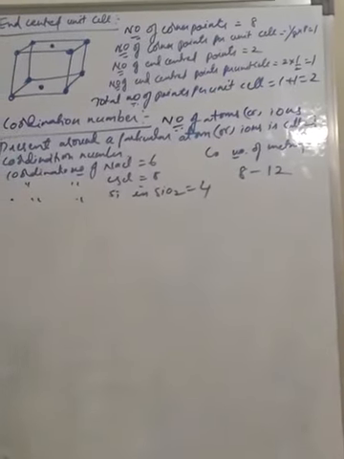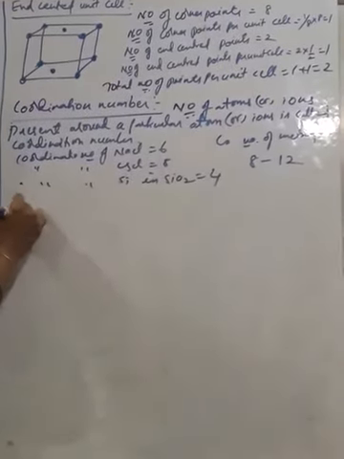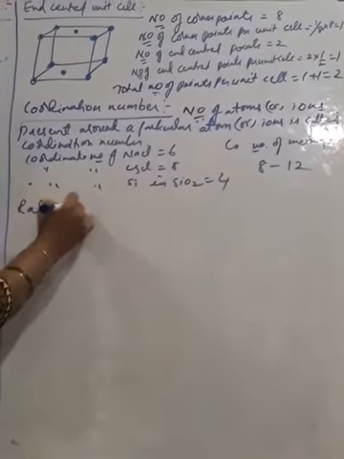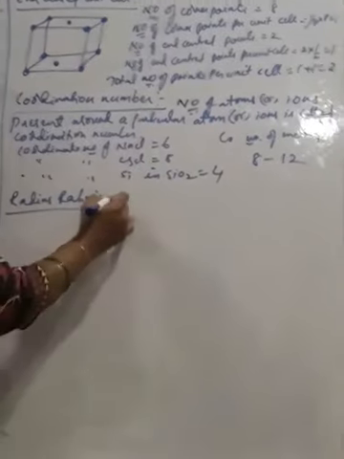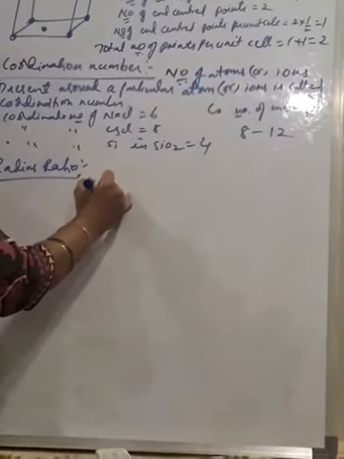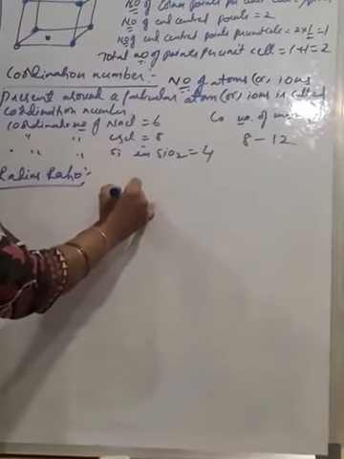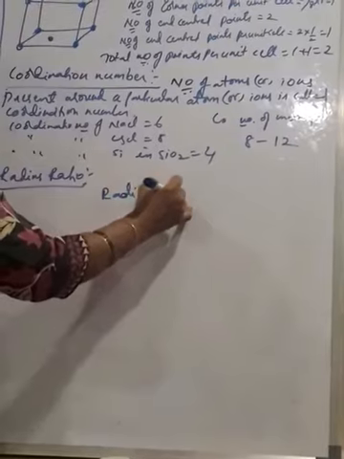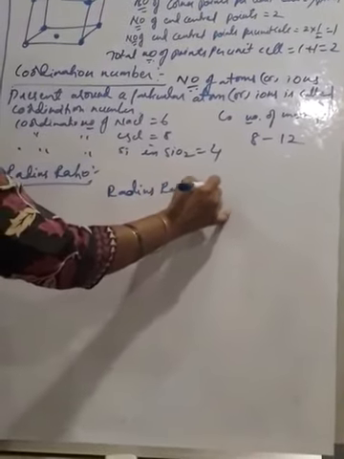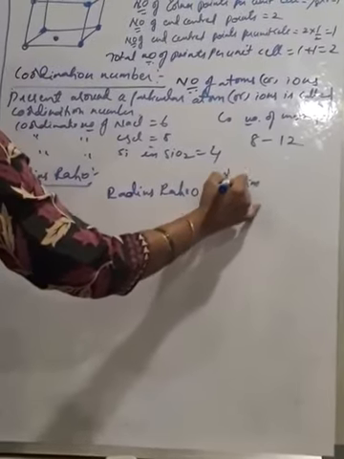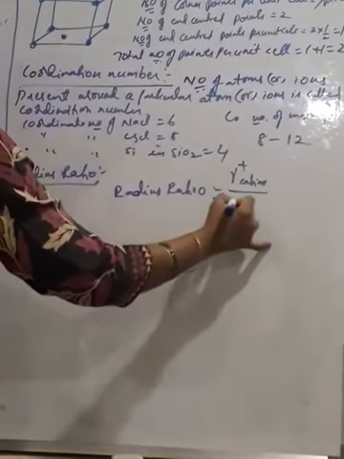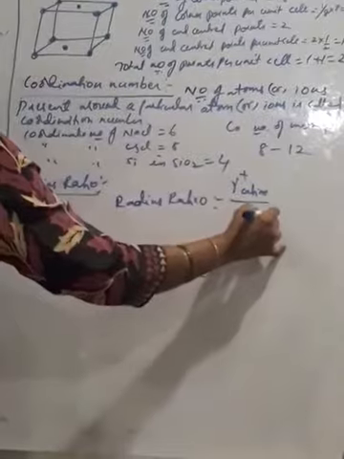Next concept, radius ratio. So radius ratio is the ratio between the radius of cation and the radius of anion.